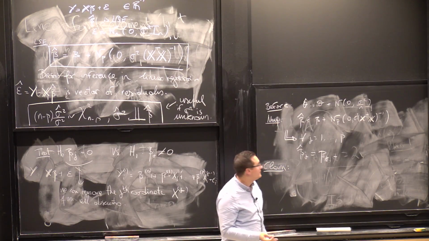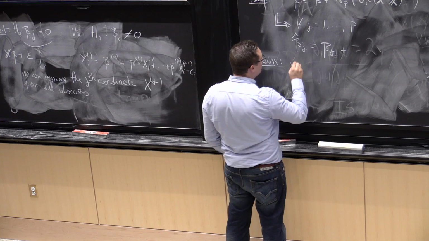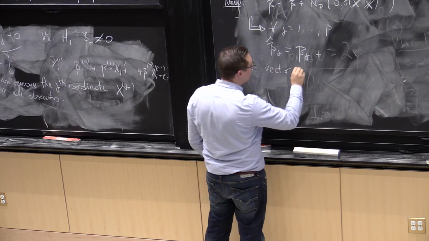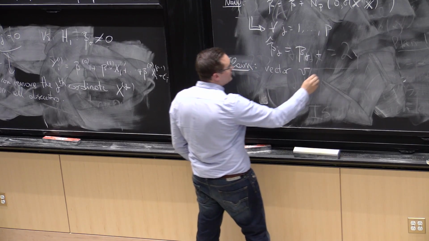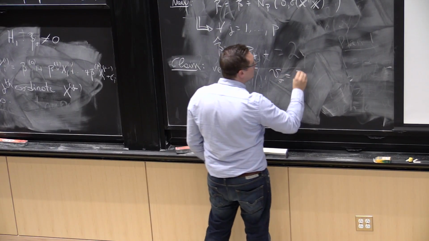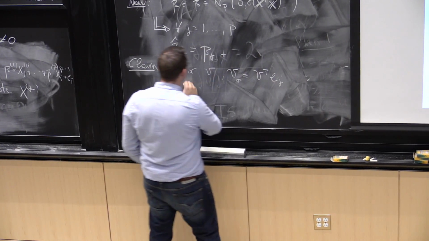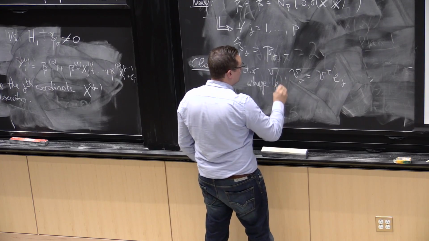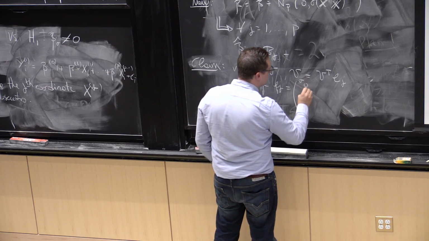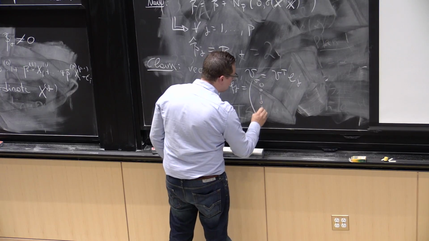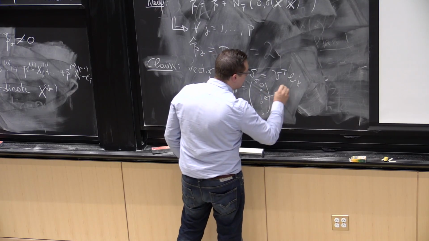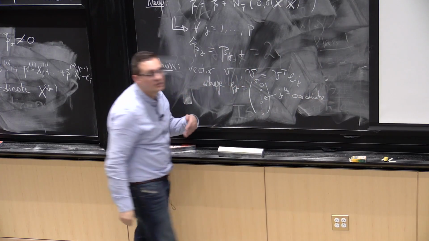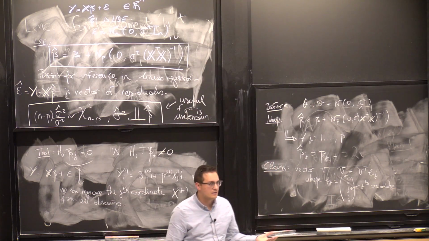The interesting claim is that if I have a vector v, then vj is equal to v transpose ej, where ej is the vector with 0, 0, 0, and then a 1 on the jth coordinate, and then 0 elsewhere. That's the jth vector of the canonical basis of R^p.